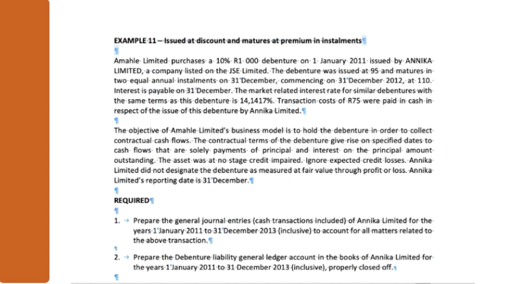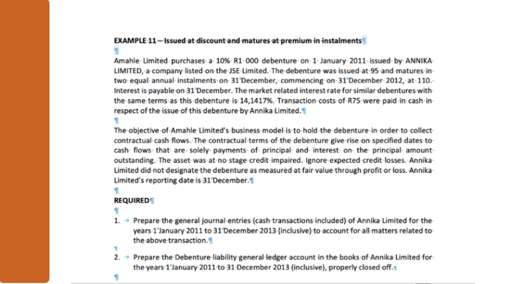So the investor is Amahle Limited. They would have a financial asset. It's still an investment in a debenture, but it would fall under the category financial asset at amortized cost.